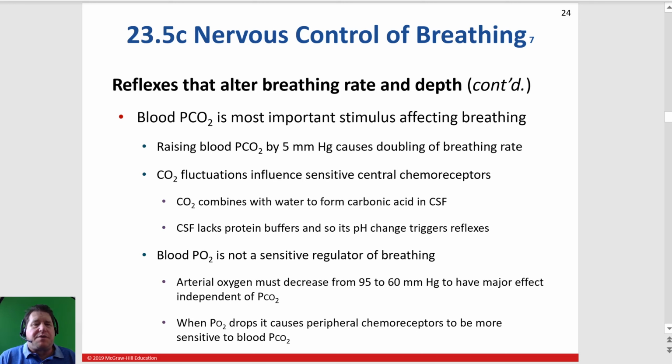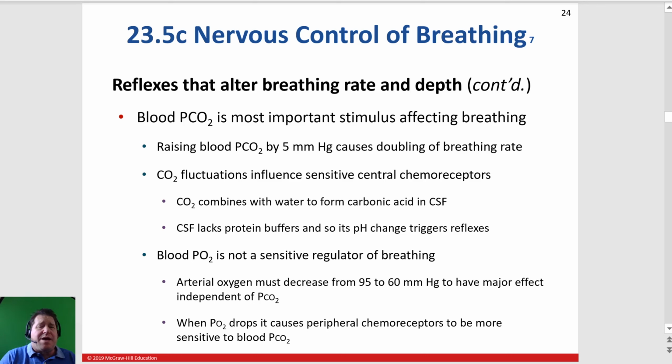Blood carbon dioxide levels are the number one thing that really affects how we regulate our breathing, the depth of the breaths and the rate of the breaths. Raising that by 5 millimeters of mercury causes a doubling of breathing rate.